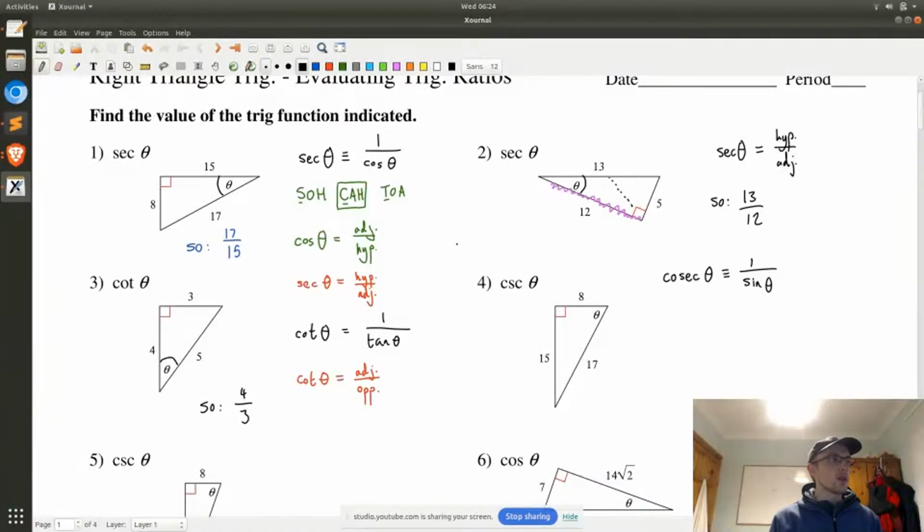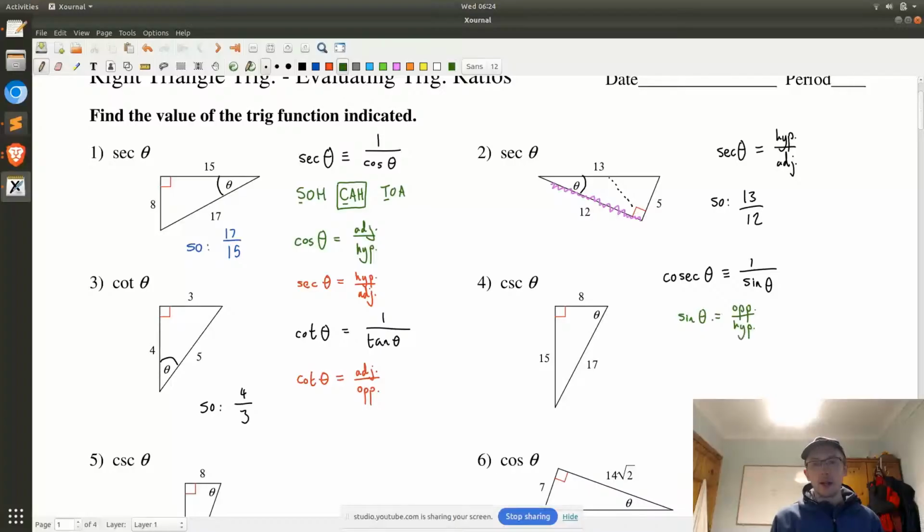And again, using SOHCAHTOA, it's the SOH in SOHCAHTOA, as this means sine. Sine of theta is the length of the opposite side divided by the hypotenuse.